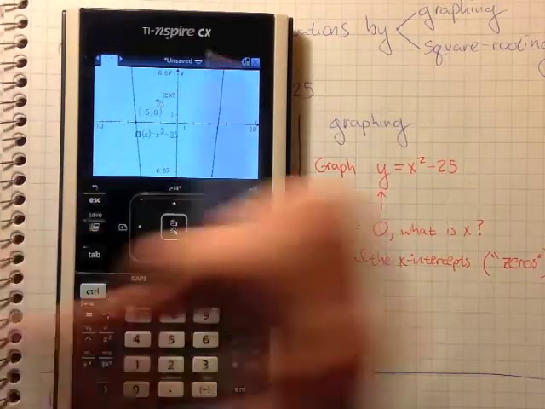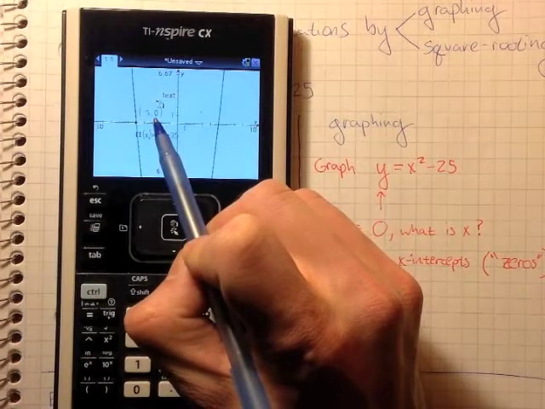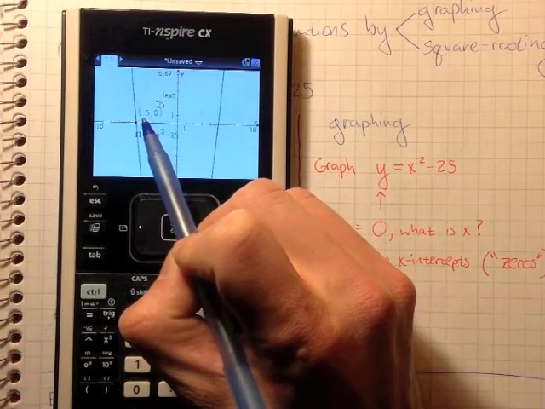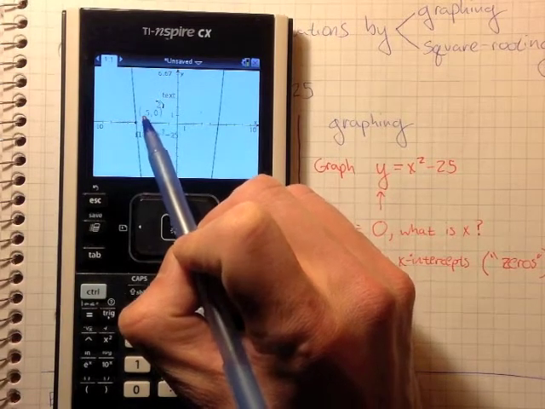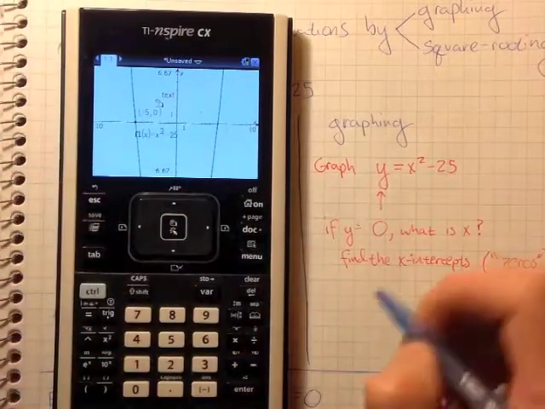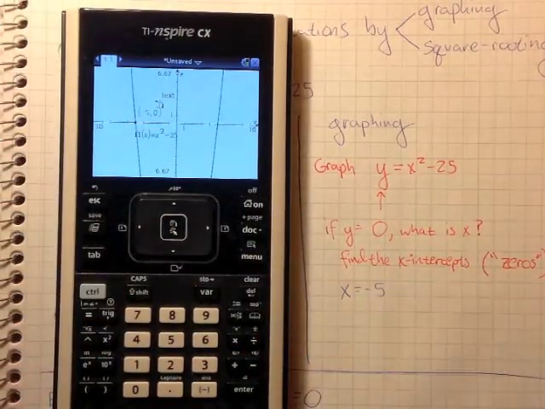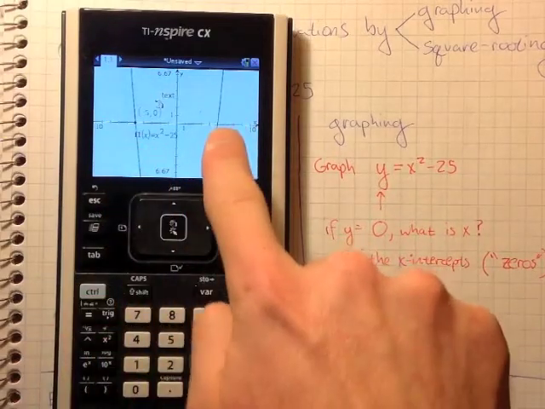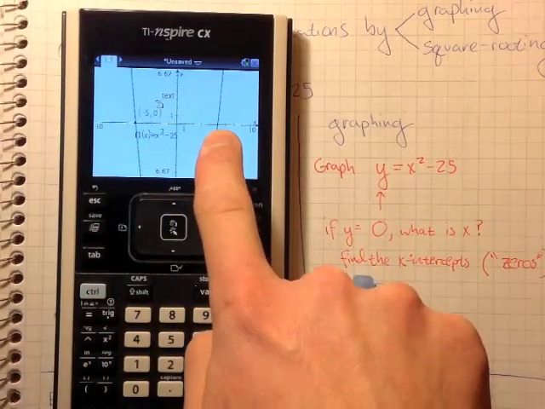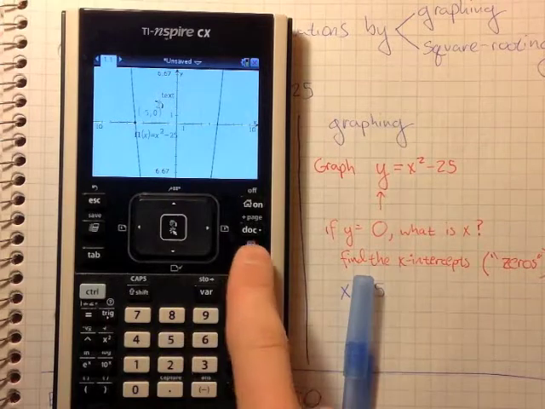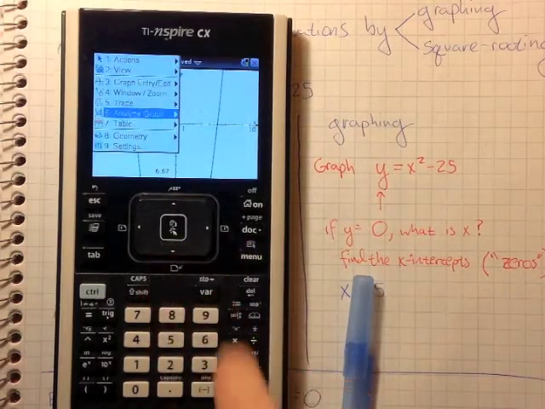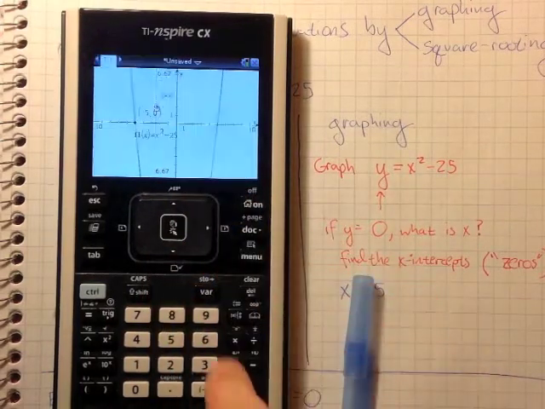Notice that y is 0, and what is the x value? -5. So -5 is one of the x-intercepts. X equals -5. But notice that we have another intersection point over here. Let's find that intersection point. We're going to go to Menu again, Analyze Graph, 0.